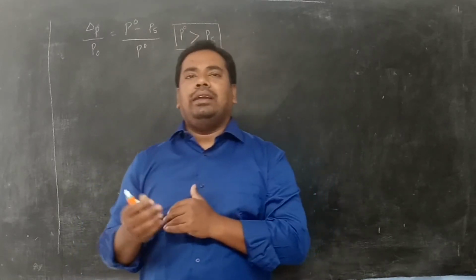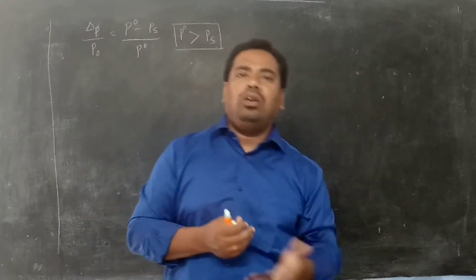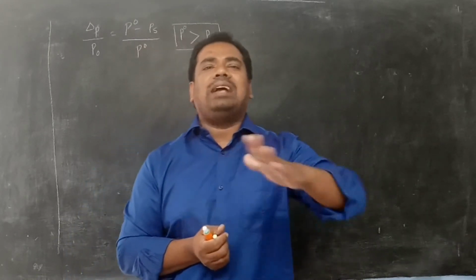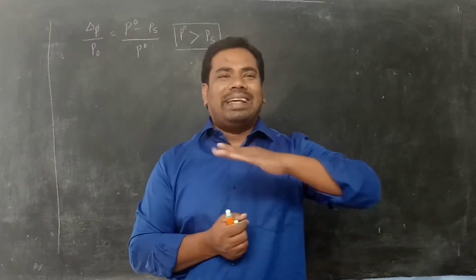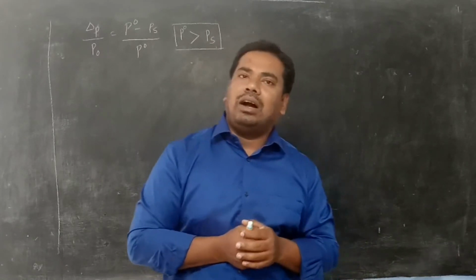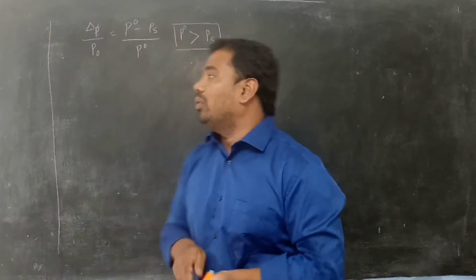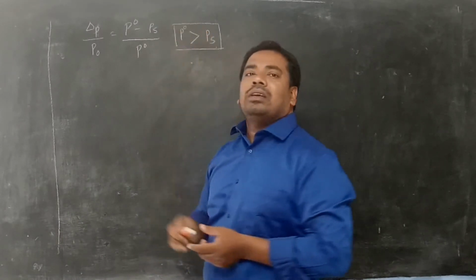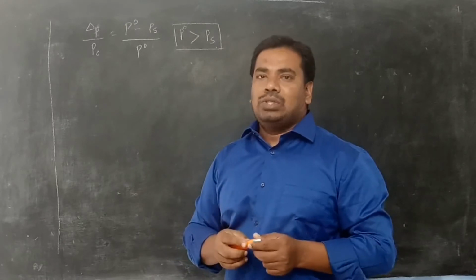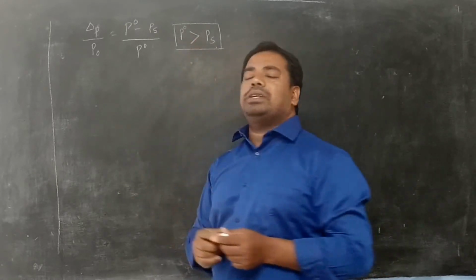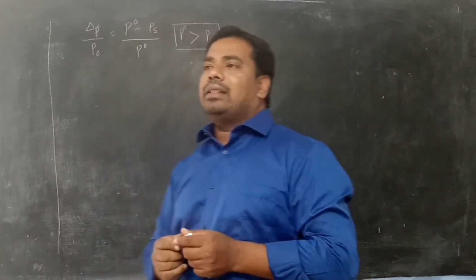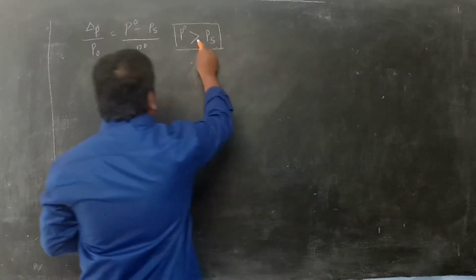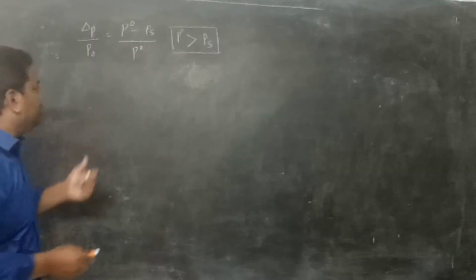When we add a non-volatile solute to the solvent, these solute molecules block the surface and restrict the evaporation of solvent molecules. So the rate of evaporation is higher than in the solution. That means the vapor pressure of pure solvent is greater than the vapor pressure of solution. Okay, clear, student? So P naught is greater than P.